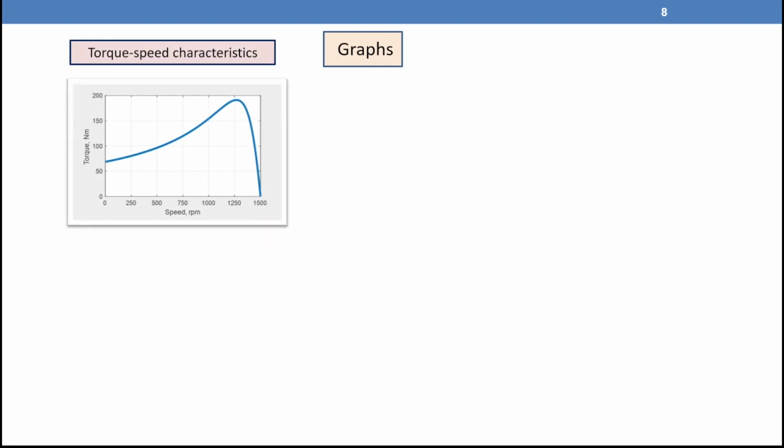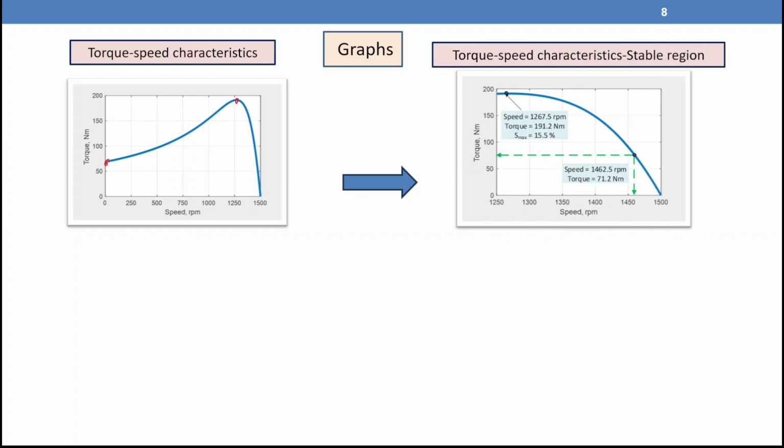We have the torque speed characteristics as we anticipated. We have a starting torque, something in the range of 68.6 Newton meter. We have a maximum and we have a stable region. So specifically at slip 2.5%, we are going to look for the results. So at S equals 2.5%, the speed is 1462.5 RPM and the torque is 71.2 Newton meter.